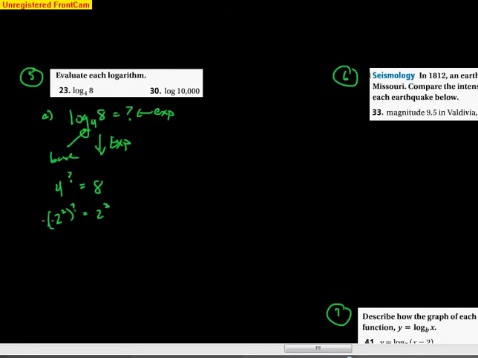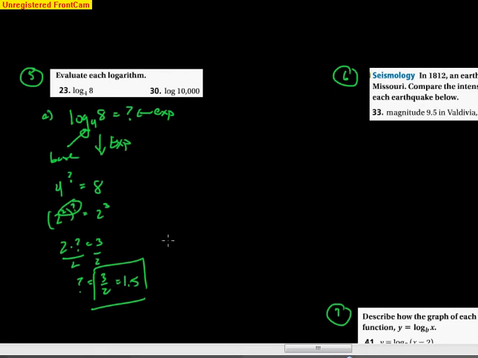So now, notice the bases. These are 2 and 2. So now the exponents have to match up. Well, 2 times the question mark is 3. So divide by 2. And the question mark, the answer is 3/2 or 1.5.